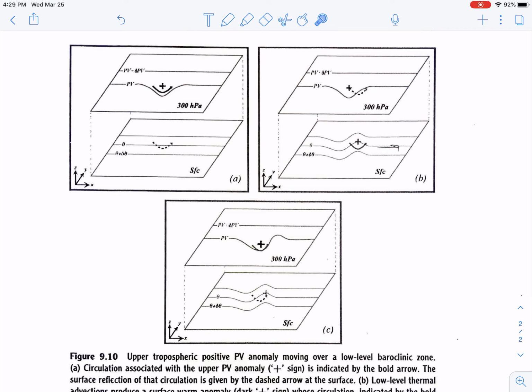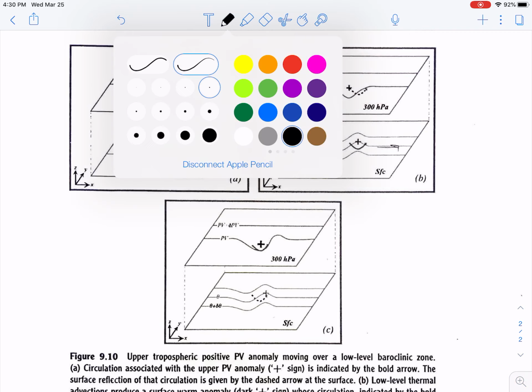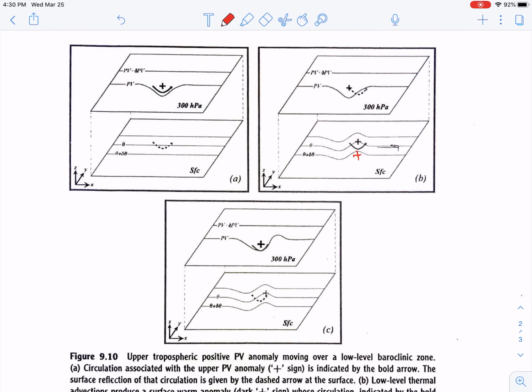If we do so at time 2, we see that we've now induced a positive theta anomaly, which then induces its own cyclonic circulation near the surface, which, depending on how strong that positive theta anomaly is, influences our upper levels and creates a positive cyclonic vorticity anomaly aloft, inducing cyclonic flow that is not exactly aligned with our upper level positive PV anomaly.